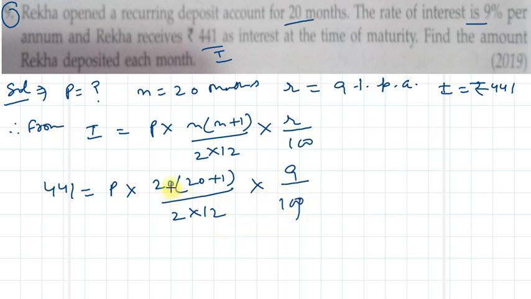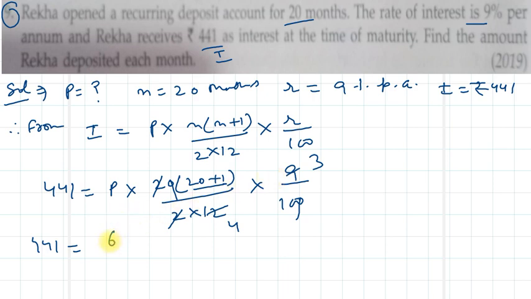So this 0 with this, right? So 3 4s are 12, 3 3s are 9. Now it has become 441, 2 plus 1, 21 into 3. 21 into 3 is 63.